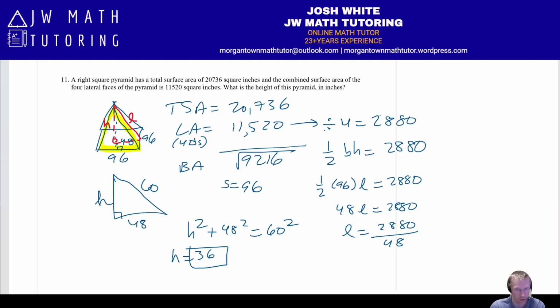You set that equal to the area formula for a triangle, 1/2 base times height. We know the base is 96. We just found that. The height in that equation is the slant height. Once you find the slant height, you can take half of one of the base sides, half of 96, which is 48, and you can use Pythagorean theorem to find the height of the pyramid, which turns out to be 36.